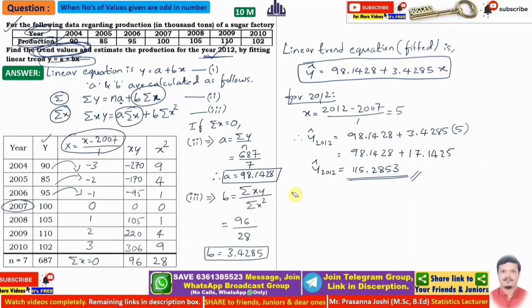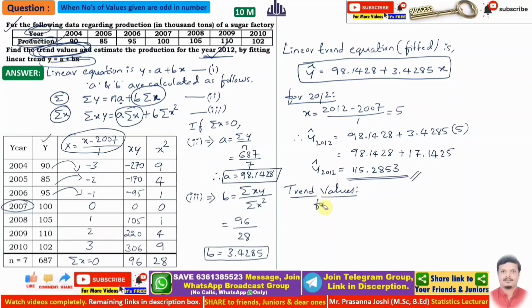So now the trend value for 2004, one calculation we can perform. For 2004, what x value has to be substituted? -3.